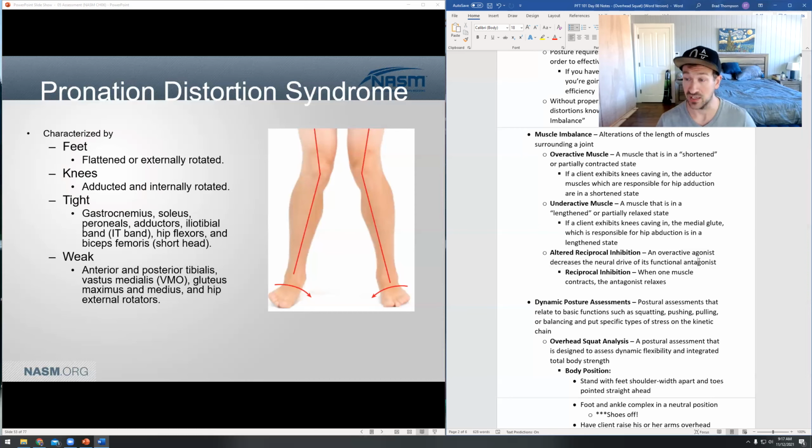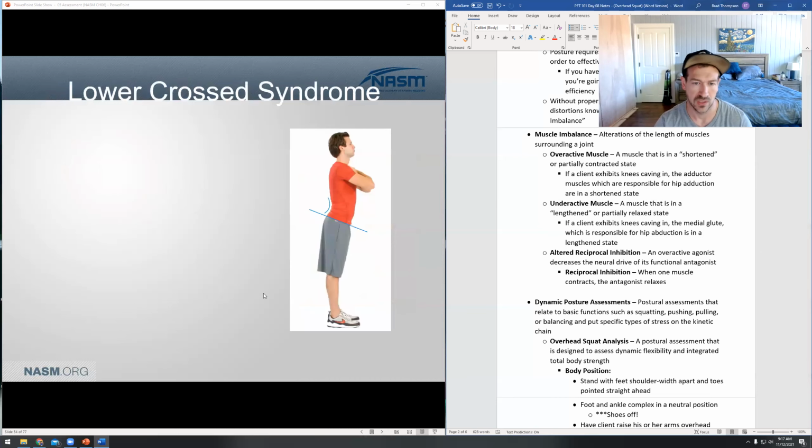And that causes weakness, that causes underactivity, because your nervous system has a really hard time getting that muscle to pull against its opposite direction. And so that's what's happening here, right? The overactive adductor muscles are reciprocally inhibiting the gluteus maximus muscles, or gluteus medius muscles.